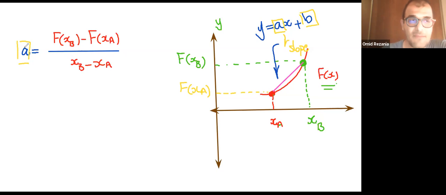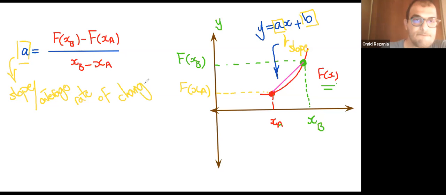A is a very important thing. Now, we call this one slope, or sometimes average rate of change. Right? That's what we call that.